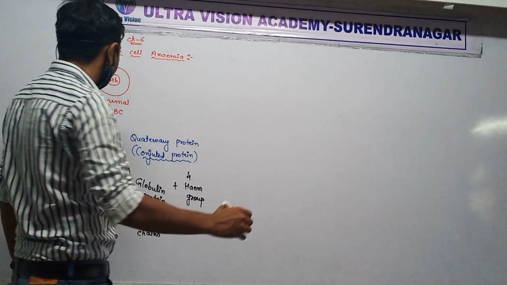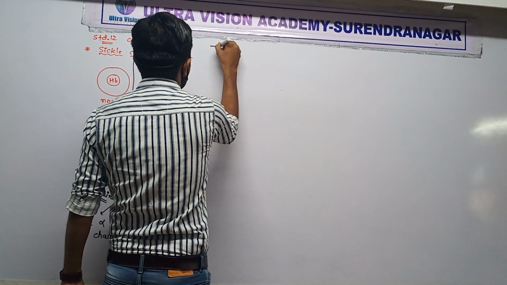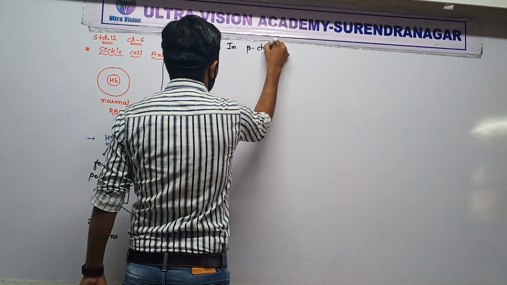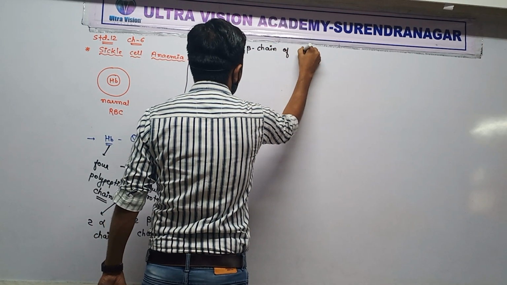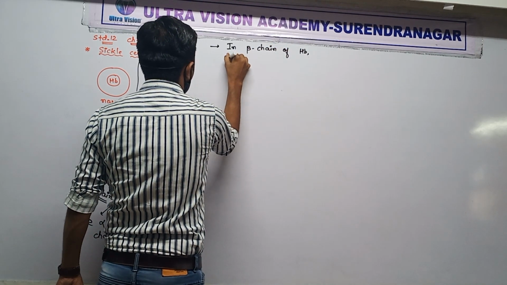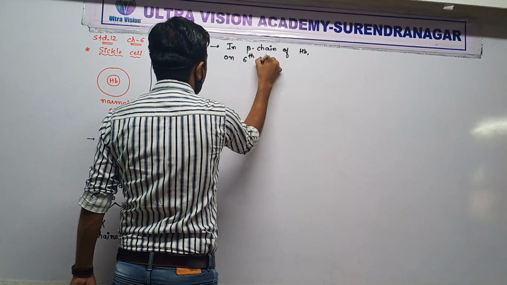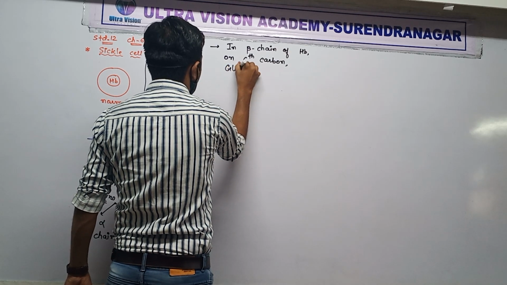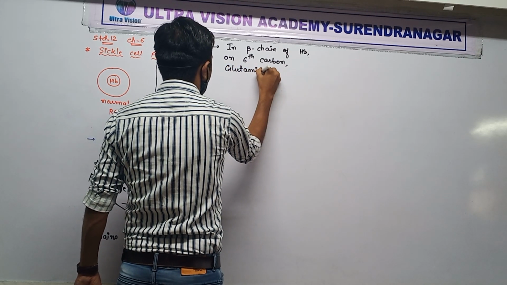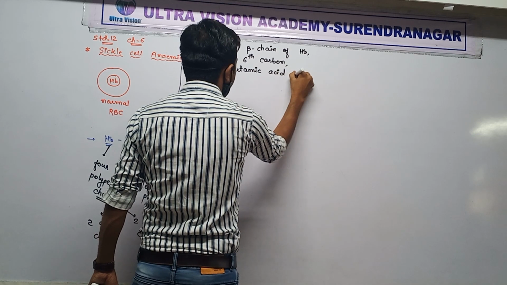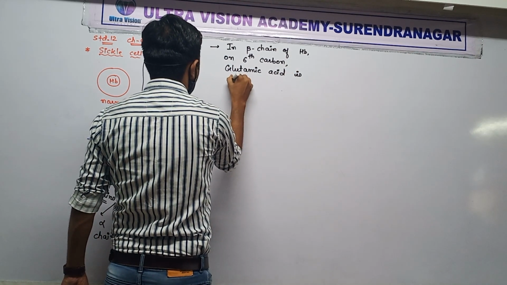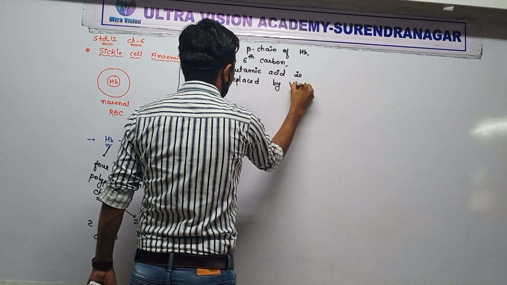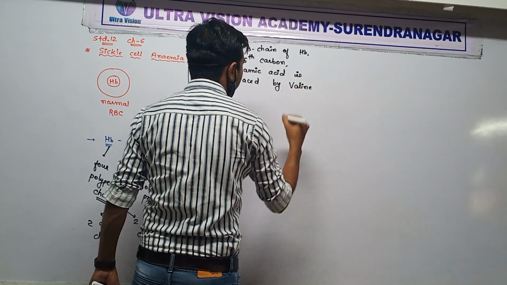So here what happened, in the beta chain of hemoglobin, on the 6th carbon, glutamic acid is replaced by valine.